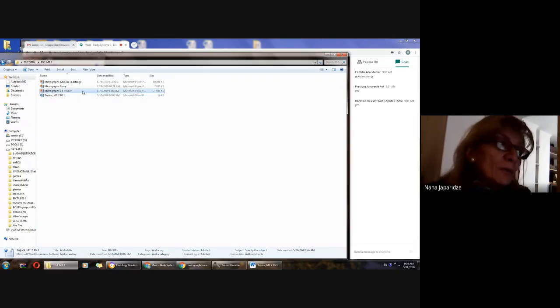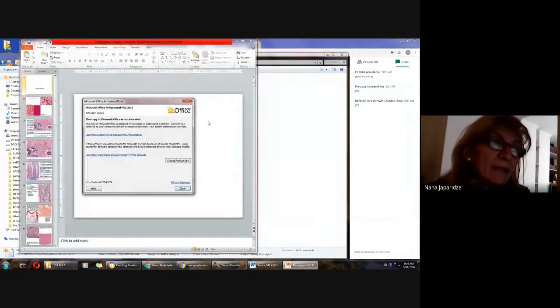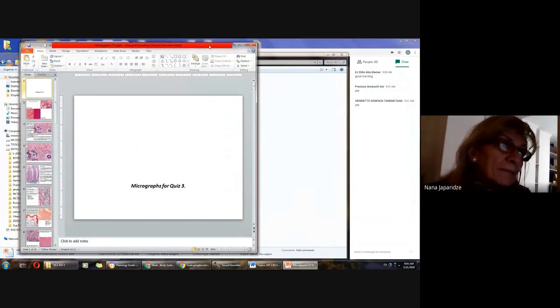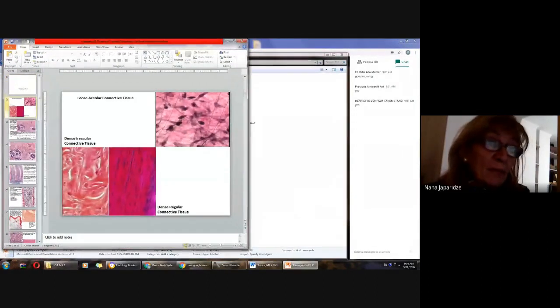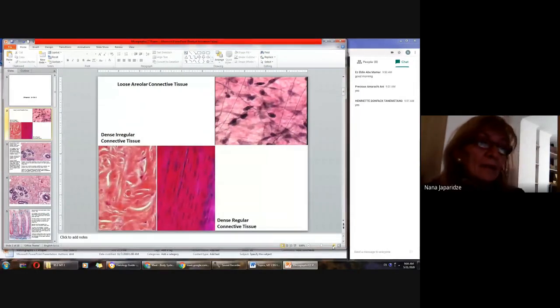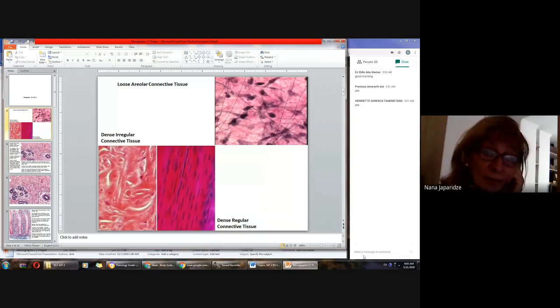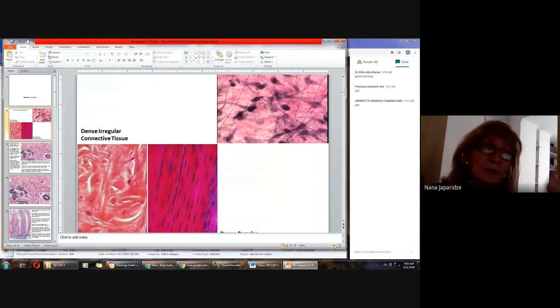First of all, do you remember the types of cells? What type of cells do you have in this tissue? Connective tissue itself has several subtypes: connective tissue proper, connective tissue special, and embryonic connective tissue.